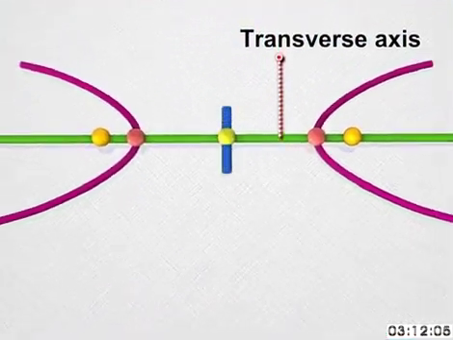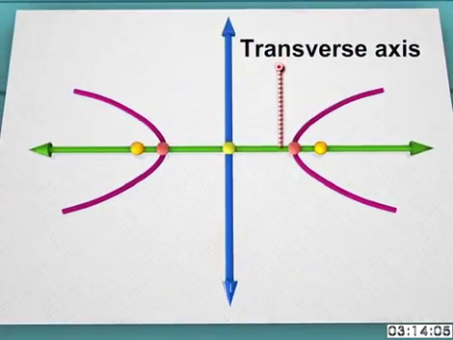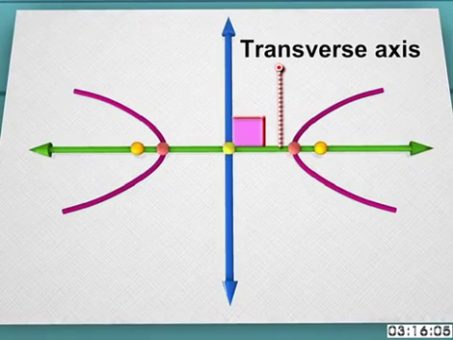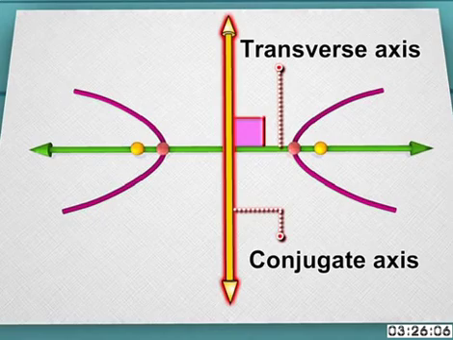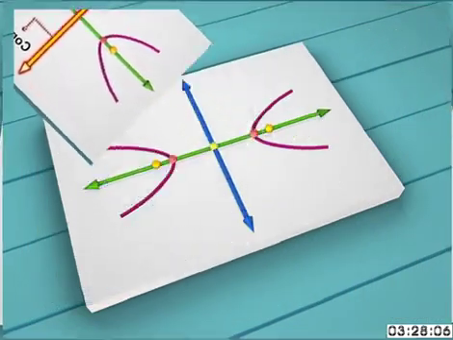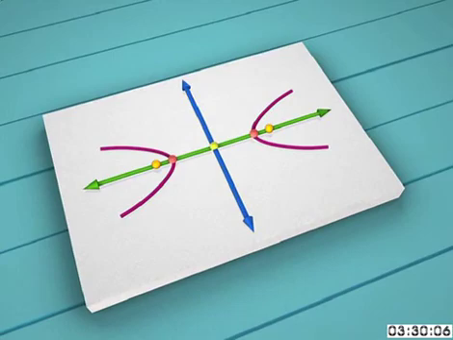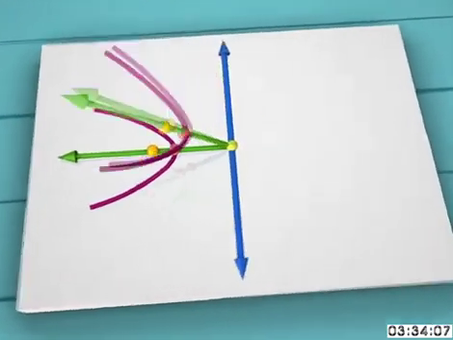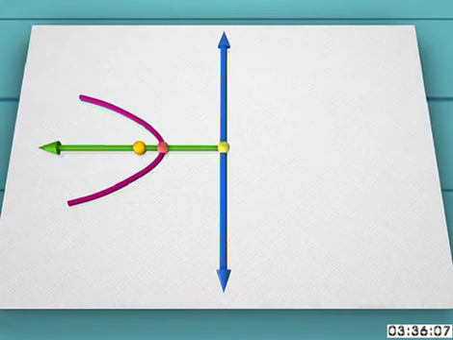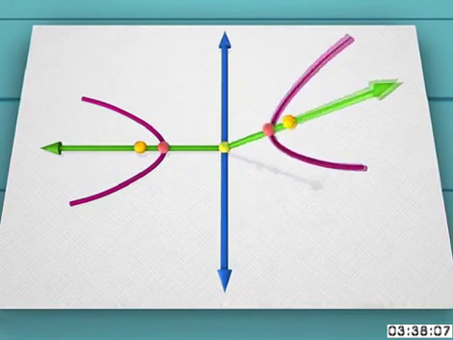On the contrary, the line passing through the center and perpendicular to the transverse axis is called the conjugate axis. A hyperbola is always symmetrical about its conjugate as well as its transverse axis.